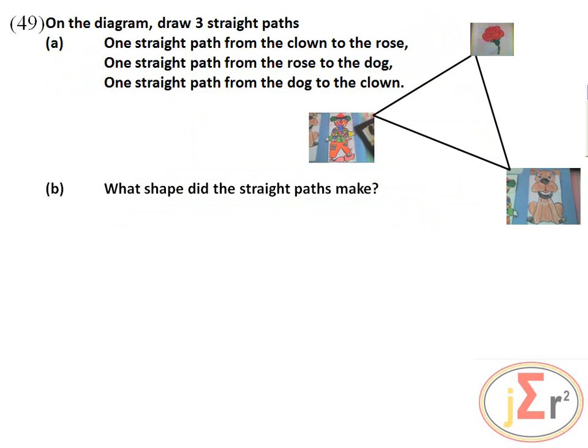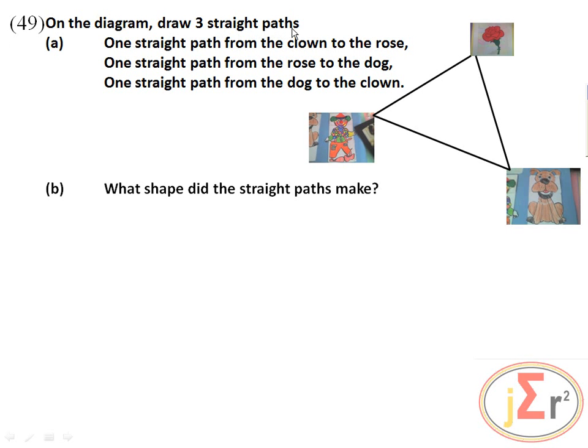What shape did the straight paths make? A triangle. How do we know that it is a triangle? Because it has 3 sides. A triangle is a polygon that has 3 sides. And it cannot be a polygon unless the sides are straight, and they are, according to the statement of the problem, 3 straight paths.